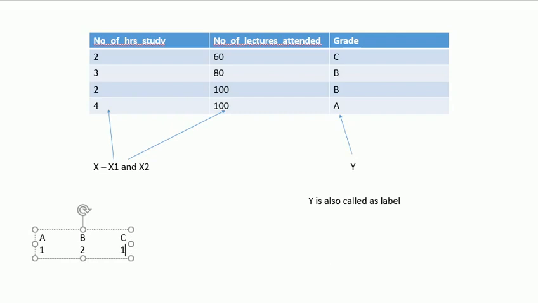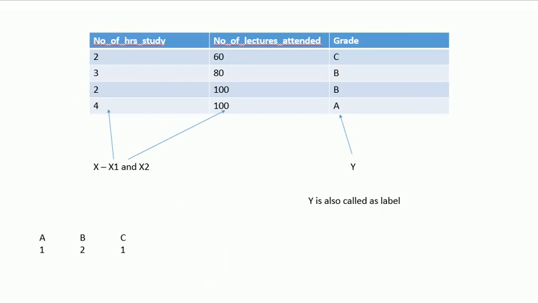So 1 in class A, B has 2, and class C has 1. This is called supervised data and supervised approach because we have the output available. I hope the supervised concept, the label concept, is clear to you.